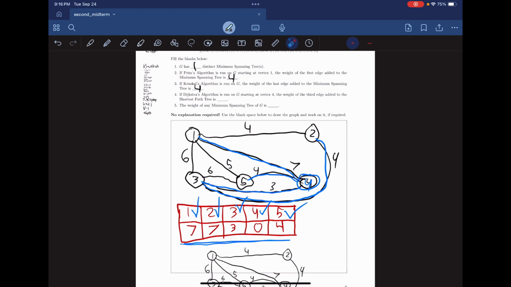I apologize for not saying that earlier. That's an important step. I don't know if I did that for all of these visited vertices, but we know specifically for this initial one that we visited, we should be visiting this, this, and then this. So we should visit the 7 weight last. So in other words, the weight of the third edge added to the shortest path tree is 7.